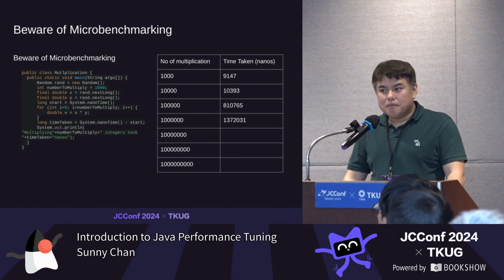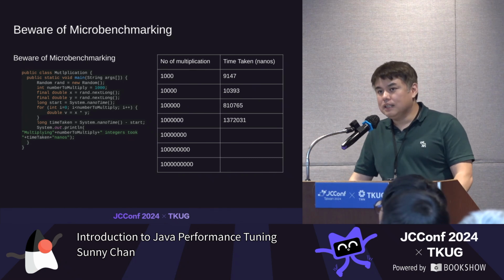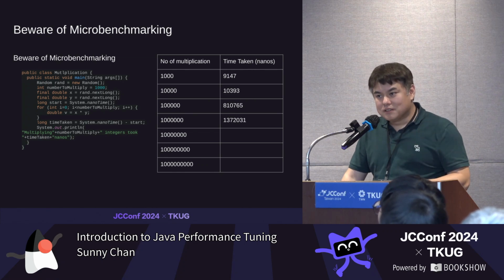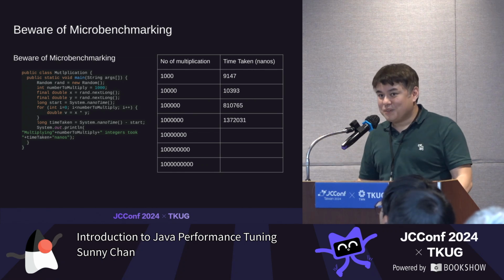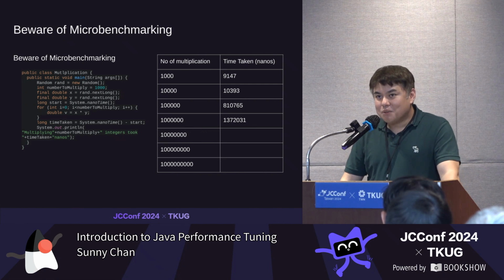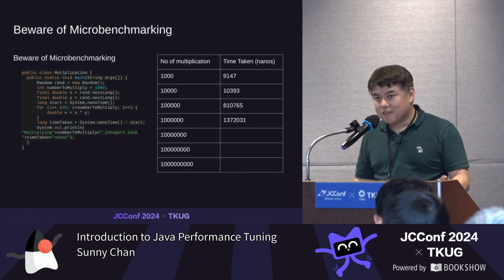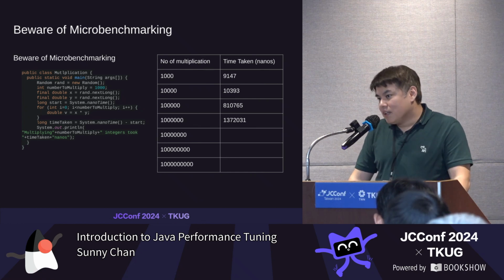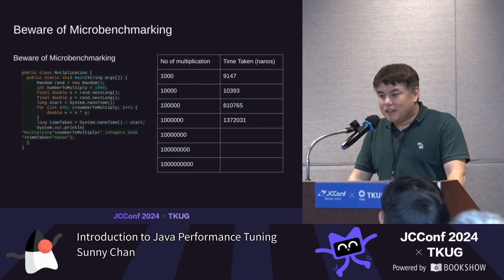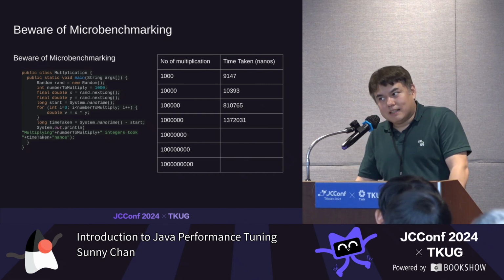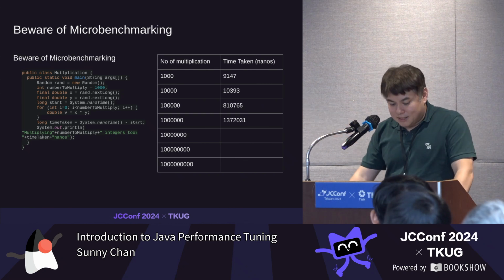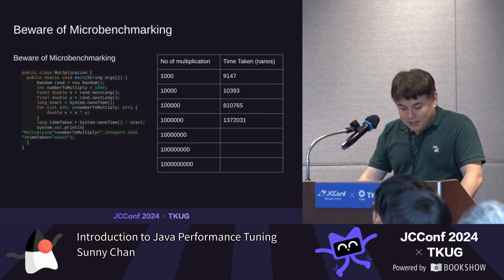Let's say I'm interested in the performance of multiplication, so I'm interested in numbers. Perhaps you're doing AI or some inferencing, and you need to multiply lots of numbers together, right? Your boss will come and ask you, hey, what is Java multiplication performance like? So you write a program like what I did, okay?